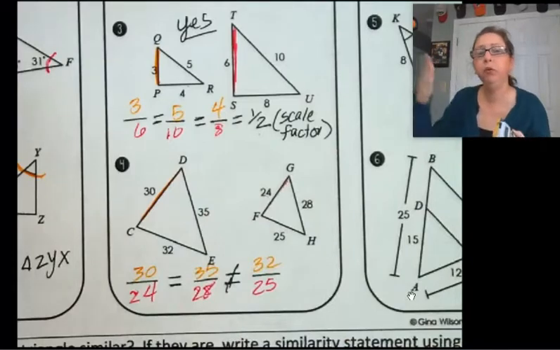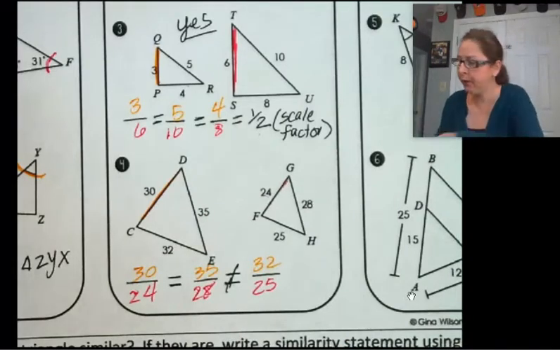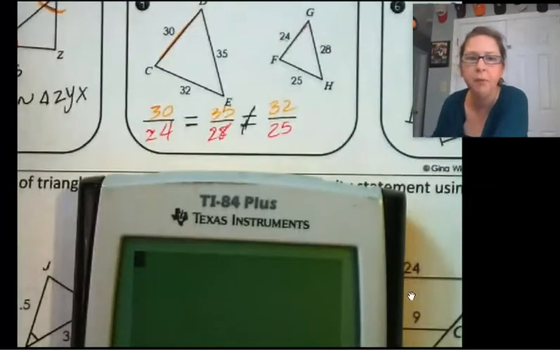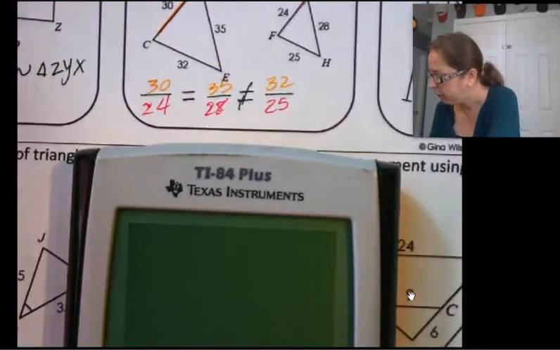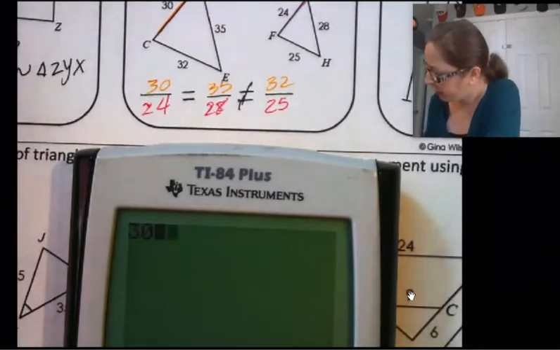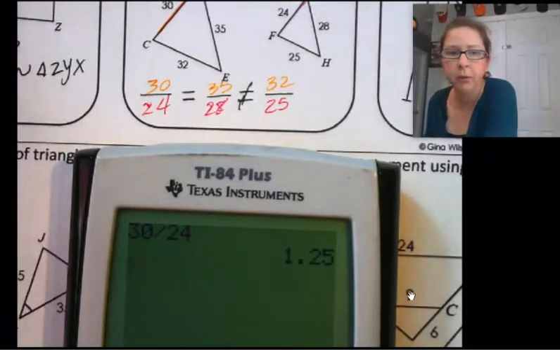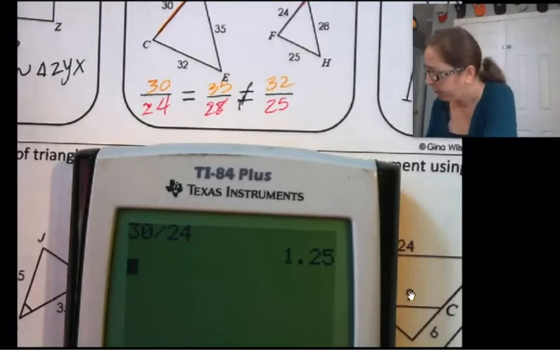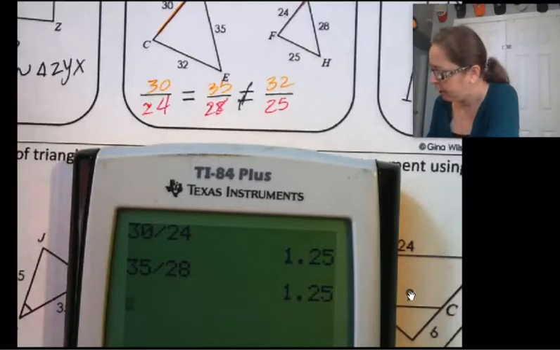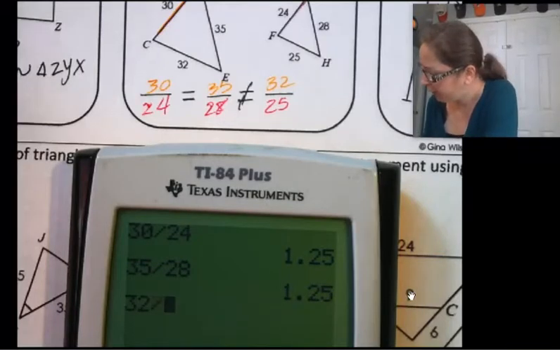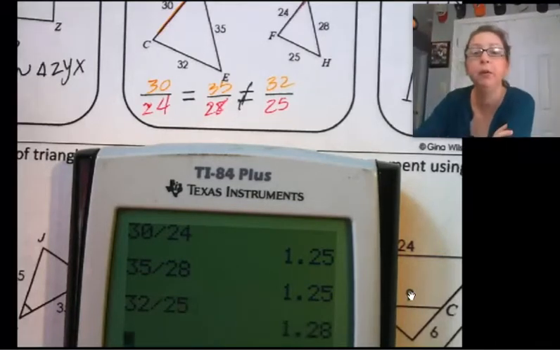Okay, so you could reduce your fractions, or another way that you could also do it is just type them in the calculator and compare their decimal values. So like 30 over 24 is 1.25. 35 divided by 28 is 1.25. And then 32 divided by 25 is 1.28.